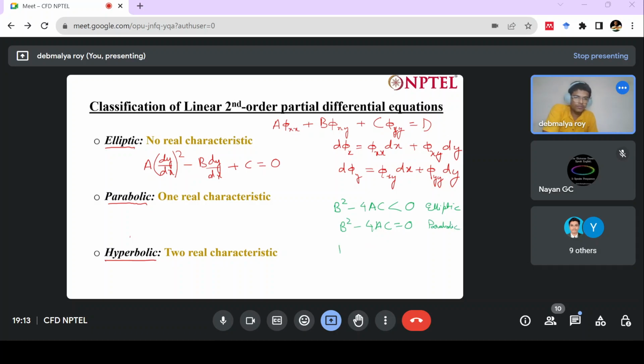If b squared minus 4ac is greater than 0, then this equation will have two solutions, and thus two real characteristics. This is hyperbolic. This is what we had done in our previous live session.